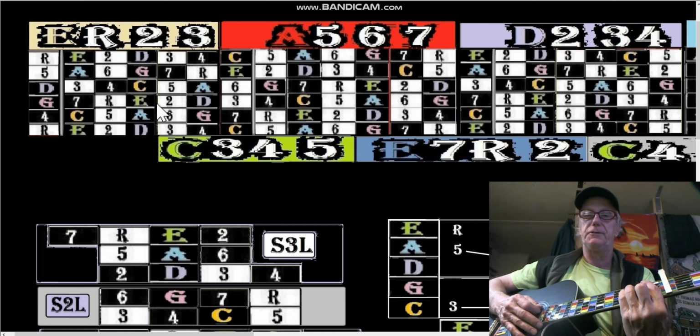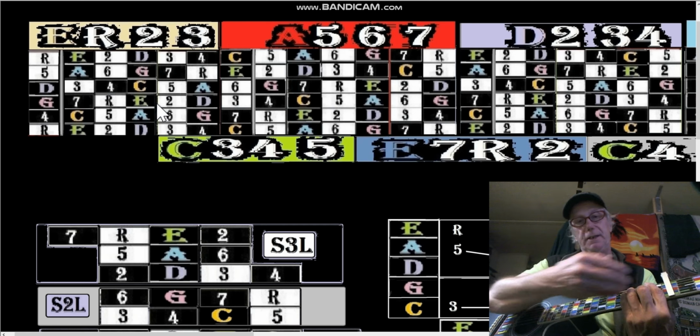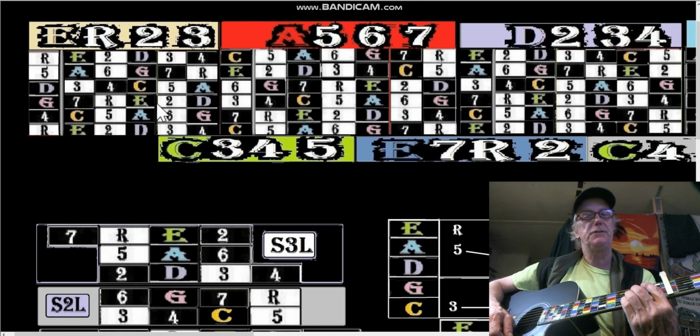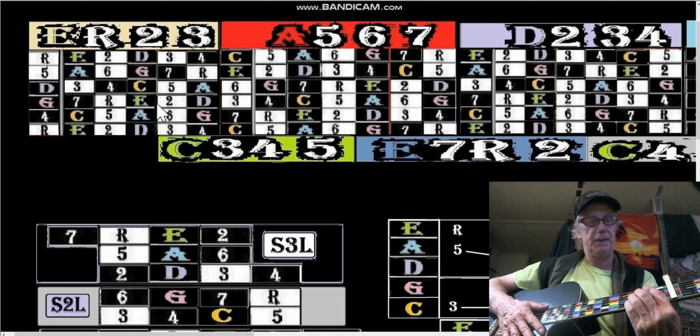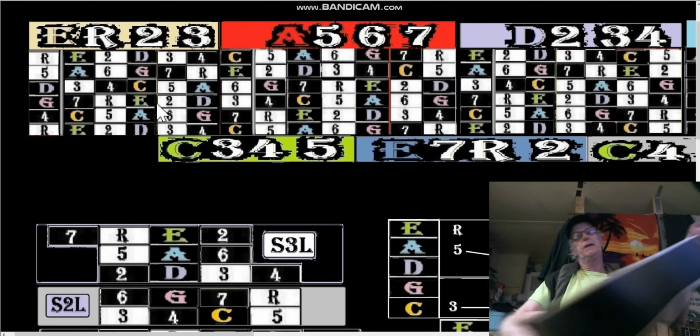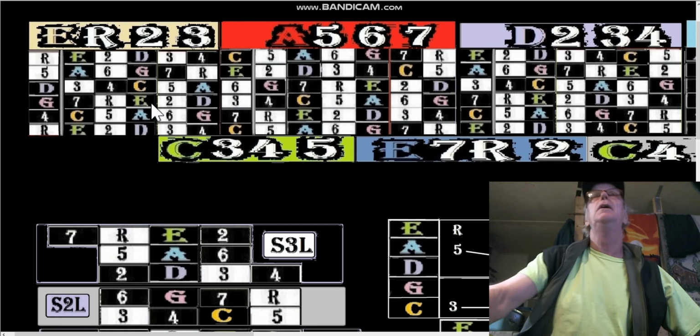So if you're in an F shape here, which is an E-shaped F, and you go to its fourth, which is B flat, that's an A shape. The fourth of E is A. Okay, that kind of thing. And then the fifth of that E shape is C shape, and that causes problems around the fret nut.